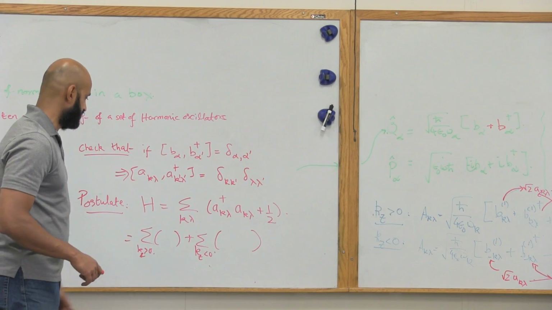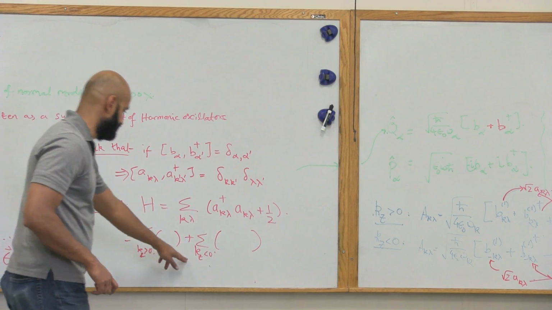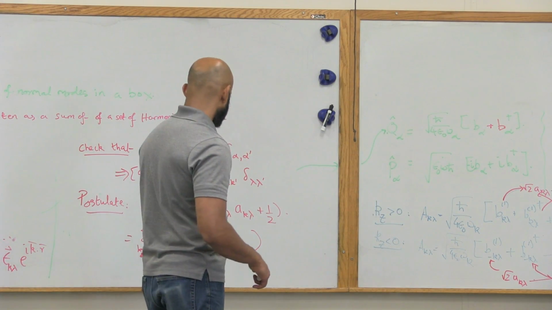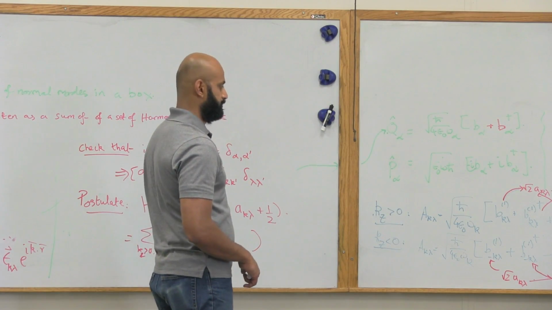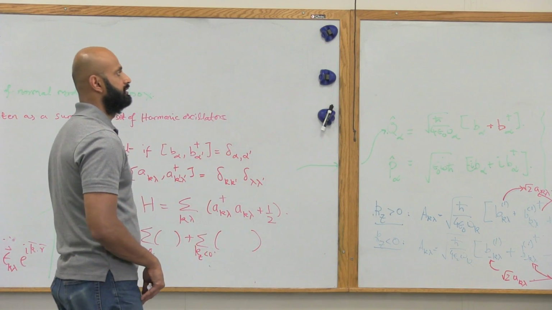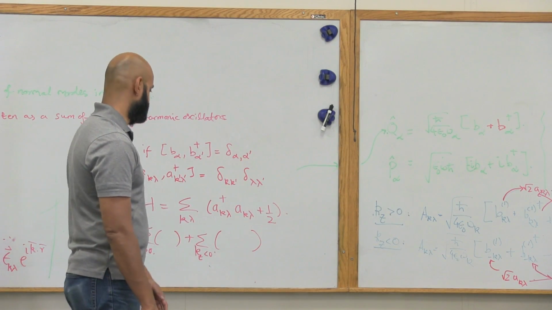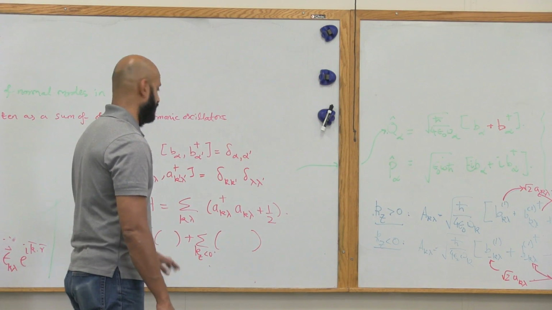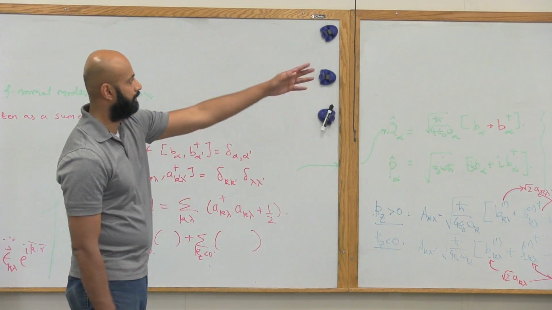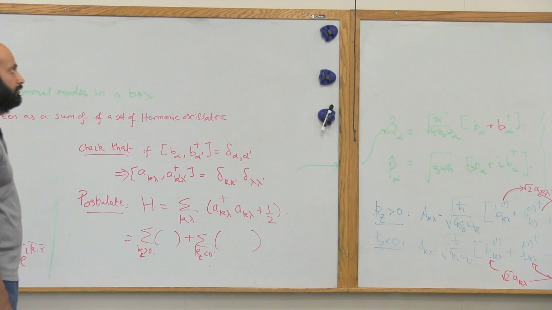Split the expression into a sum over kz greater than 0 and a sum over kz less than 0. You'll find that you can rewrite this part again in terms of a sum over the same kz greater than 0 by flipping all the kz's. You'll see that it's equivalent to this guy, and then you can show that that will be equal to that. So it's a couple of steps. I'm just going to skip.